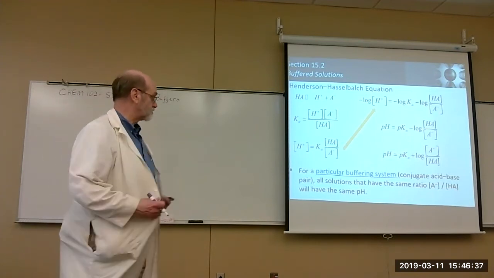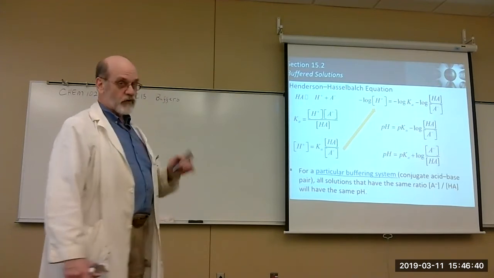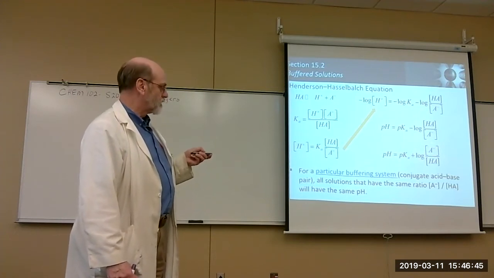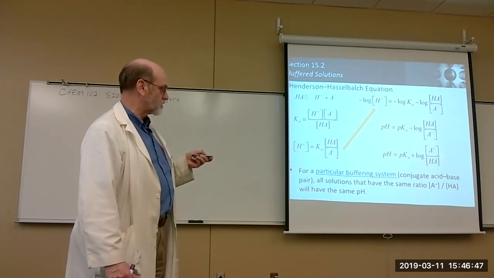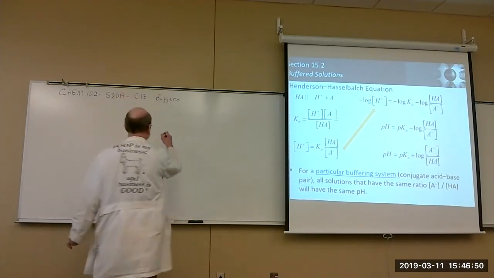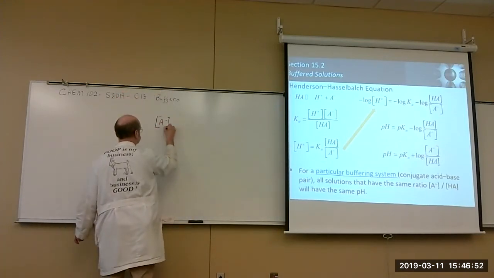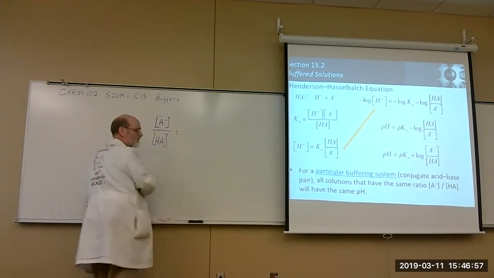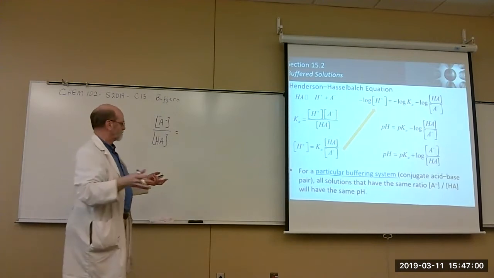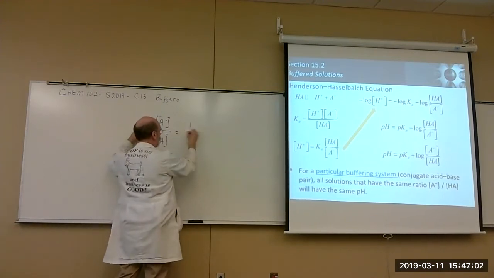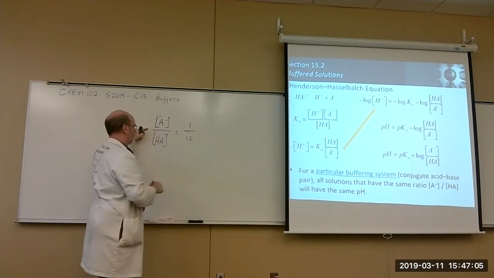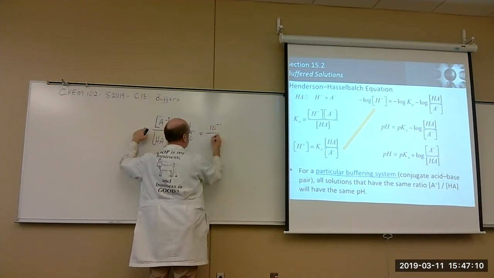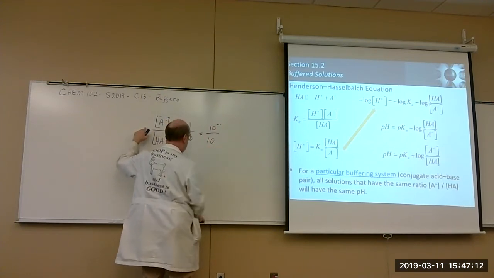It also says, not only will you know the pH, you will also know that any solution that has this same ratio will have the same pH. So if this ratio is 1 to 10, that would be just the same as 10 to the minus 1 over 1.